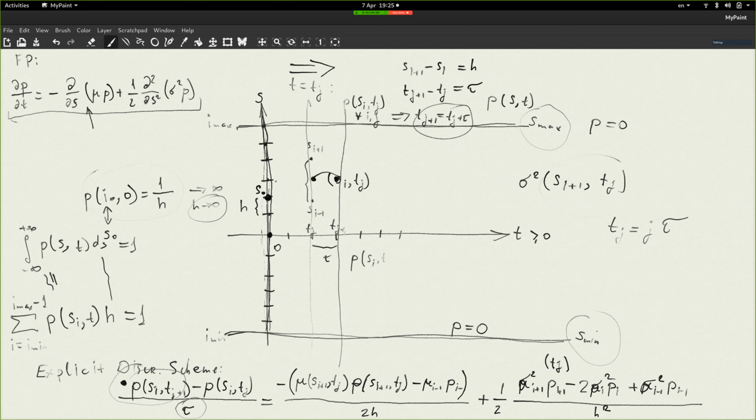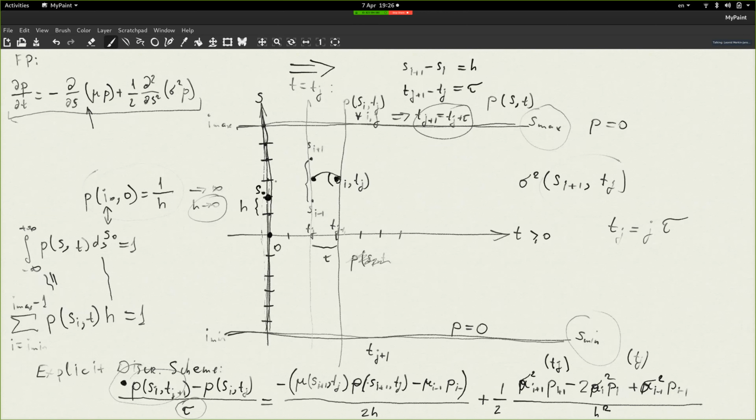It is p of si tj plus 1 minus p of si tj. But the right-hand side, in this case, can be evaluated at j plus 1 rather than j. So you would have p of s, whatever, at tj plus 1, and so on.